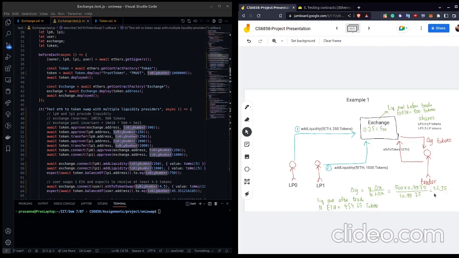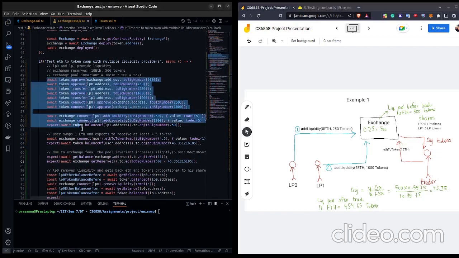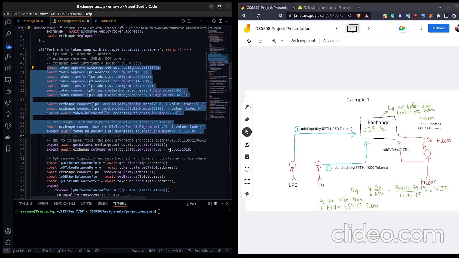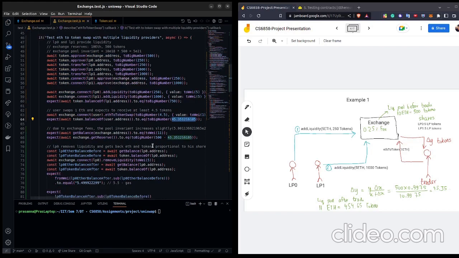So we get this value. These many tokens should be returned back to the trader. So we simulate this in our tests and we expect that the token balance of the trader will be equal to this much, and we'll check later if these tests pass.